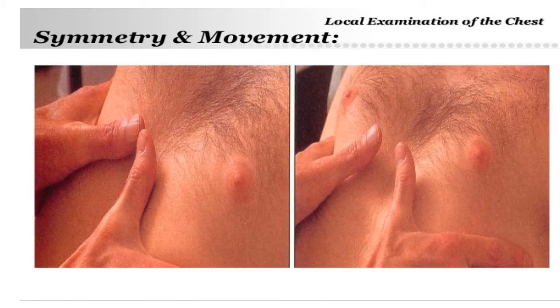You have to check whether both sides' movements are normal or not. In certain conditions, the chest will not move properly. You will say that the pathology is on that side.